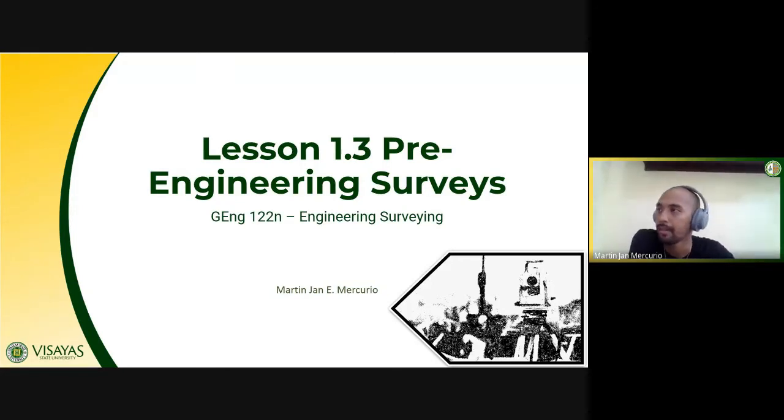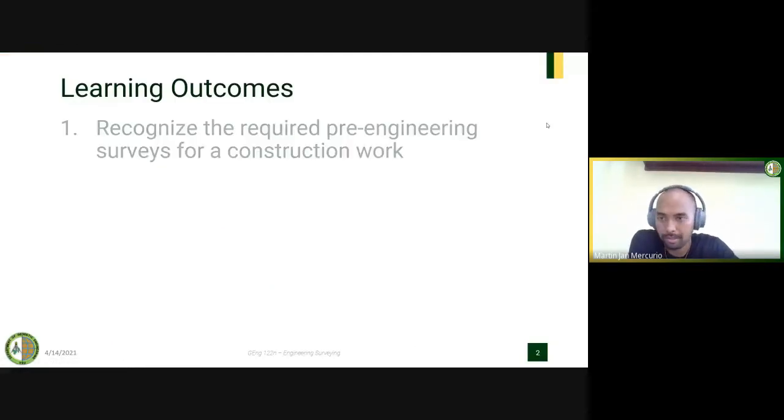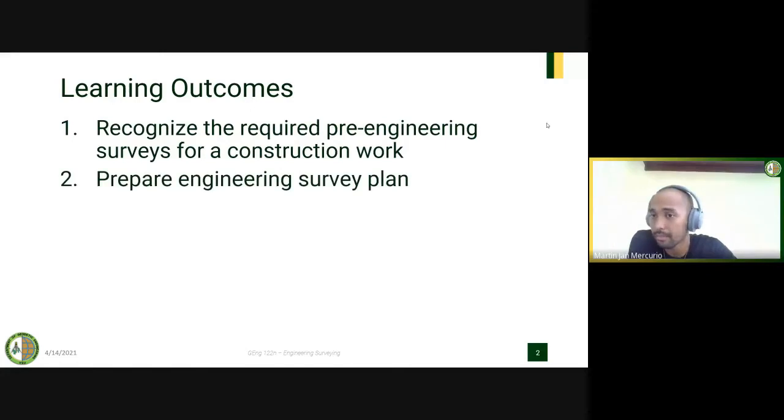Okay. So now let me discuss the lesson 1.3, the pre-engineering surveys. So outcomes for the lesson is to recognize the required pre-engineering surveys for a construction work and prepare engineering survey plan.